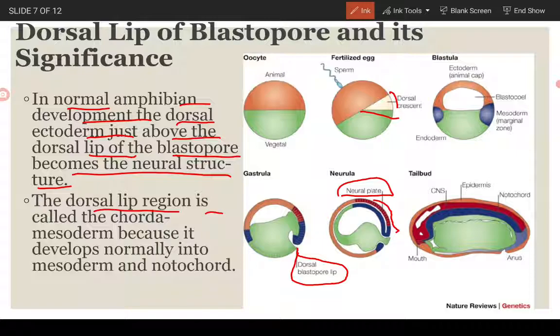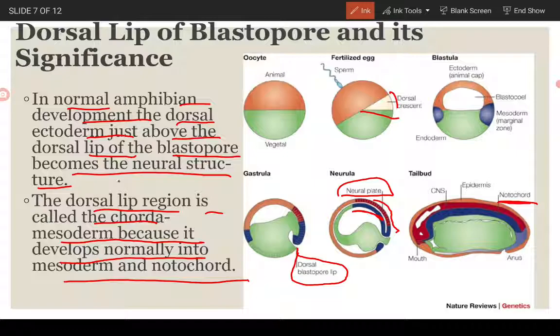The dorsal lip region is called chorda mesoderm because it develops normally into mesoderm and notochord, while this blue area, which is the dorsal blastopore lip, forms the notochord. So this happens by induction. Induction is the process by which a group of cells or tissues induces changes in another group of cells or tissues, right?